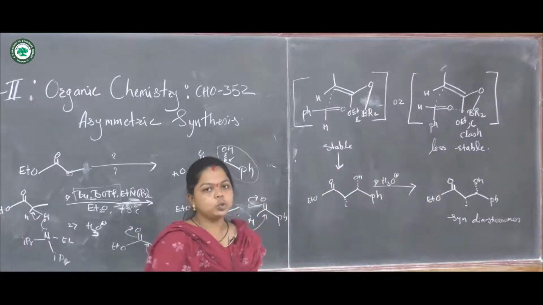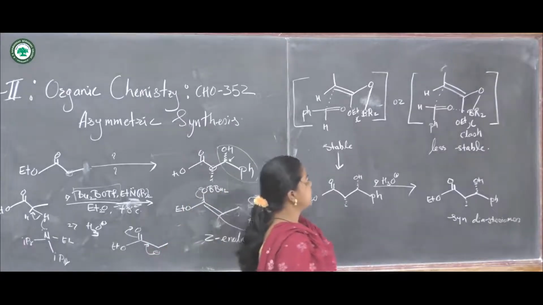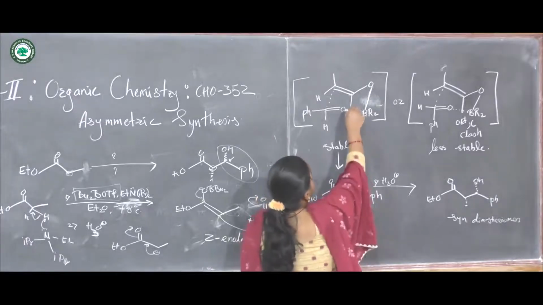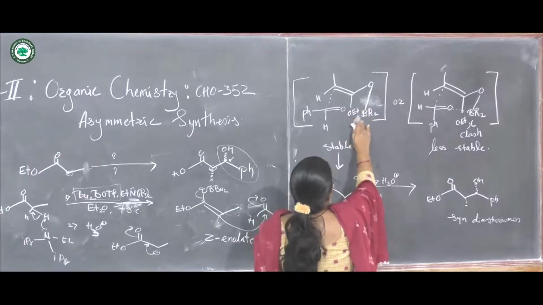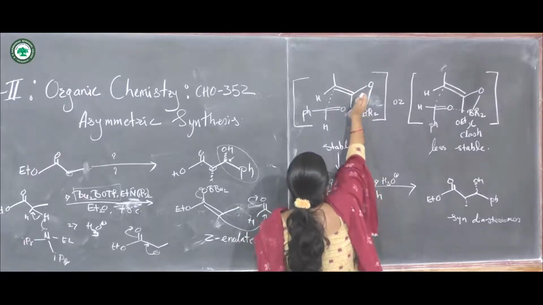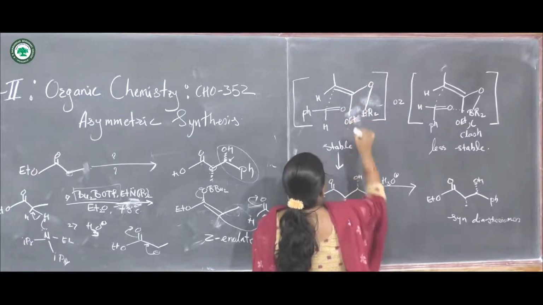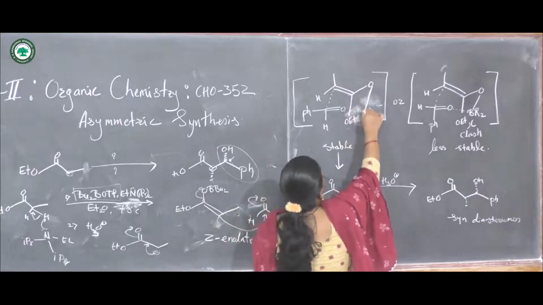So these are the two possible transition states for the directed aldol condensation type of reaction. Now in this case, if we consider here the oxygen and this OEt group, this is the OEt group, it is pointing backward, and this oxygen is bonded here.